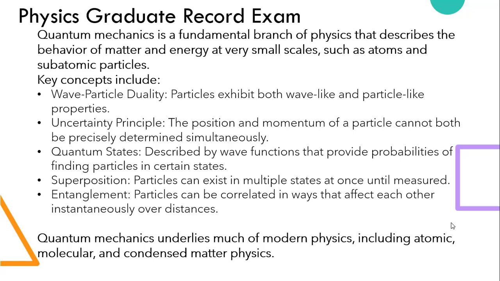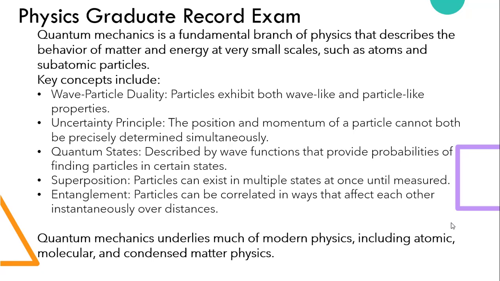By velocity, we mean speed and direction. So the uncertainty principle says that the more we know about how fast a particle is moving, the less we know about exactly where it is. And the more we know exactly where it is, the less we know about its velocity or its momentum.